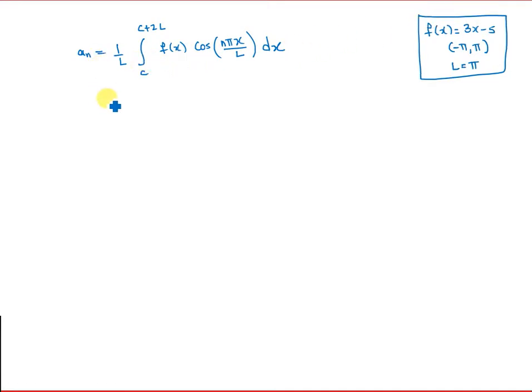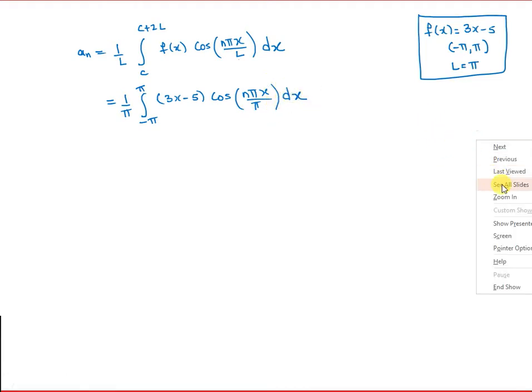Let's substitute. So it is 1 over pi integral minus pi to pi, f(x) is 3x minus 5, cosine of n pi x over L. In place of L we have pi, dx. Now before directly going for the integration, it's better to simplify.